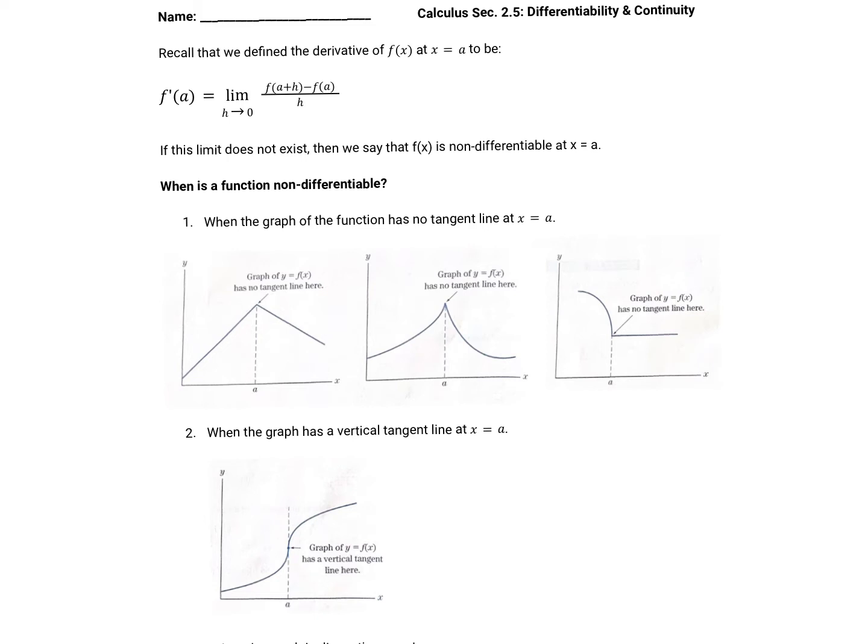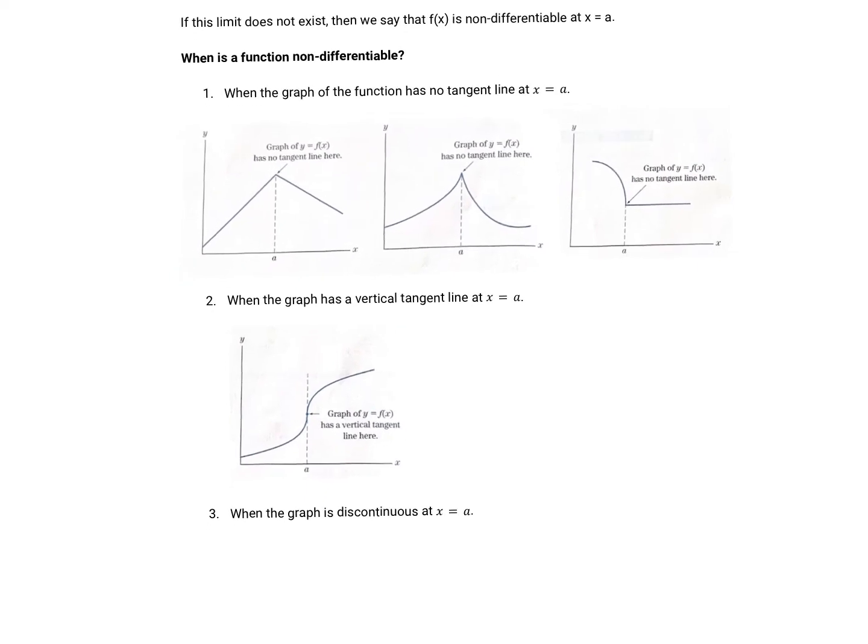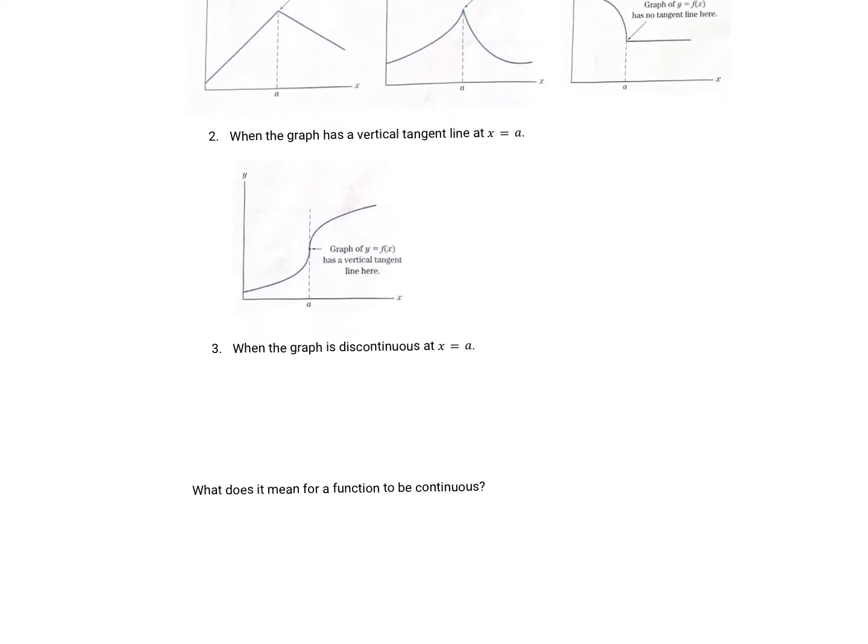The second case where it's not differentiable is if the tangent line at that point was vertical. What do we know about vertical lines? Vertical lines have an undefined slope, so that would be a second case. The last case is where it is discontinuous, and discontinuous means a break in the graph.